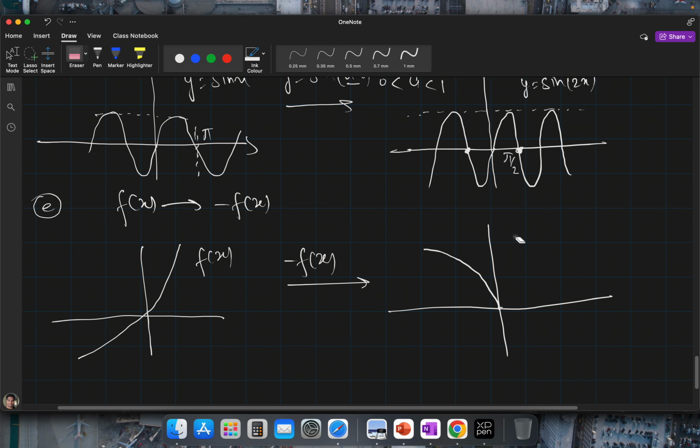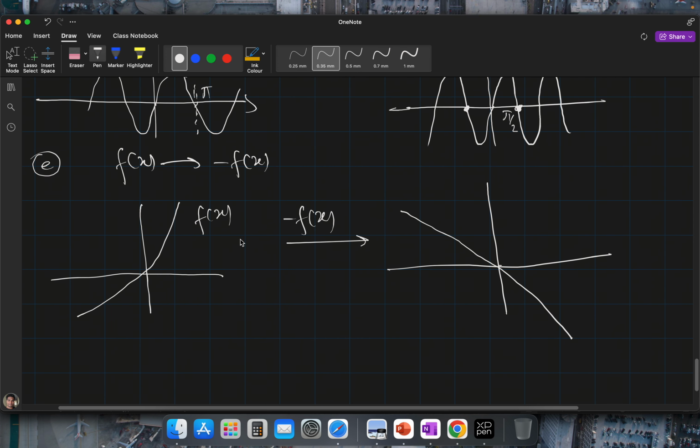This will also change. Okay, so the graph will be like this. Earlier it was like this, now it is like this. Then what exactly happened?